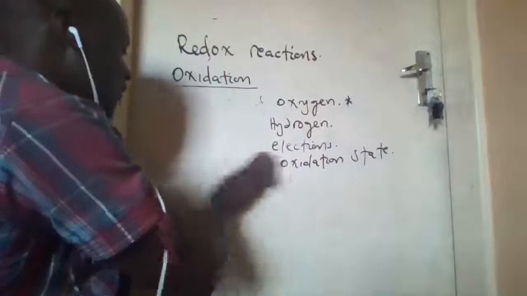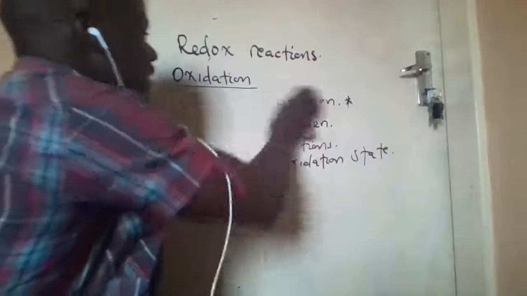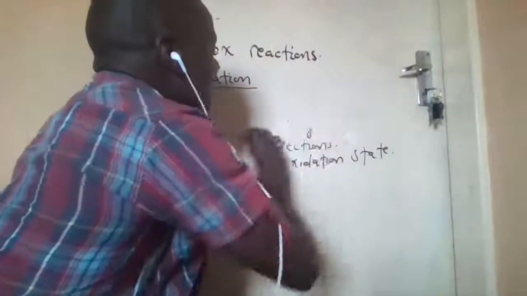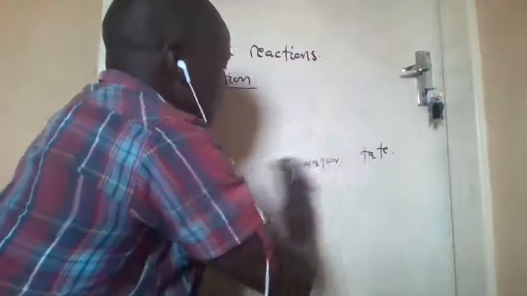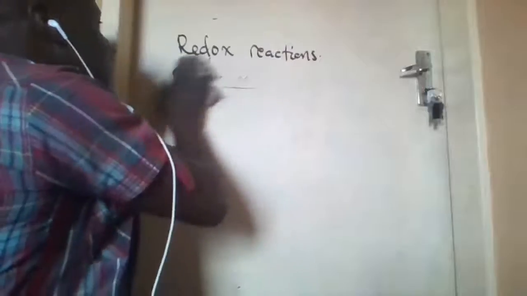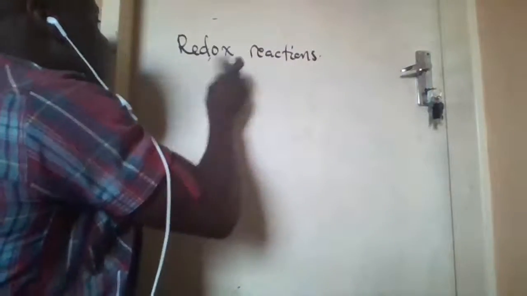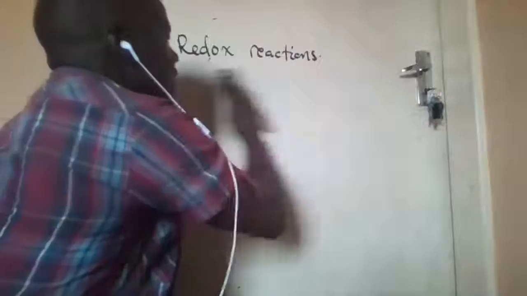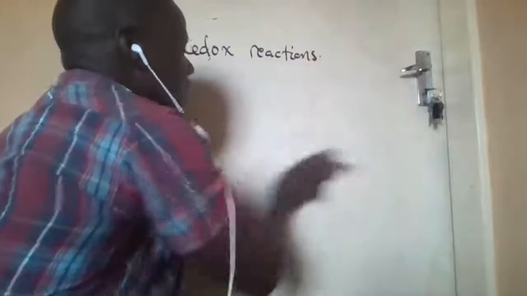Two, the losing of hydrogen by a chemical species. Three, the losing of electrons by a chemical species. Four, the increase in the oxidation state, or the increase in the oxidation number. So I'm going to look at these one after the other.